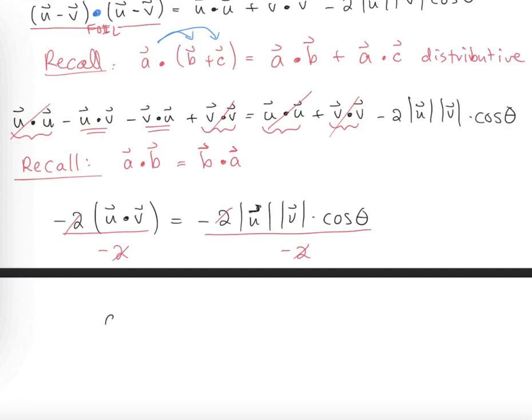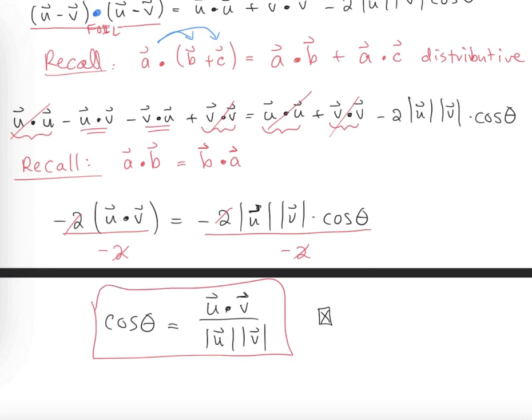So we would end up with cosine by itself on one side, and then u dot v all by itself in the numerator, and in the denominator we would have mag u times mag v, and that is what we were trying to prove. So we'll stop with the proof here.